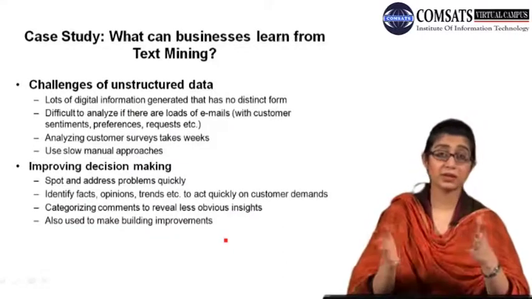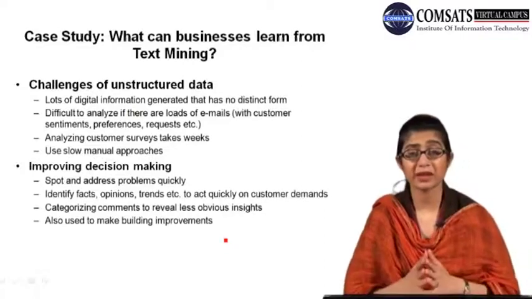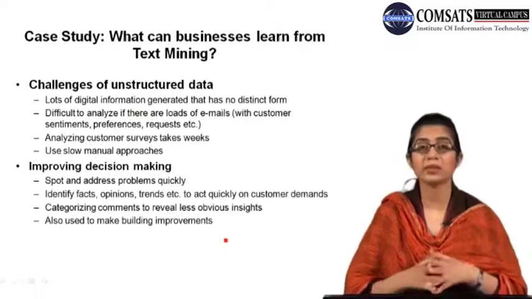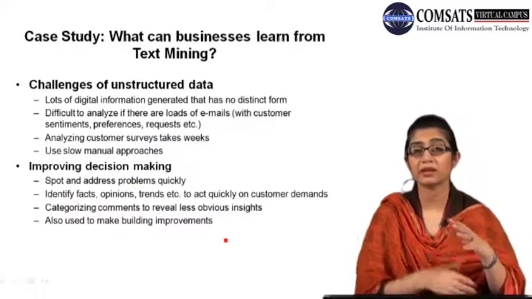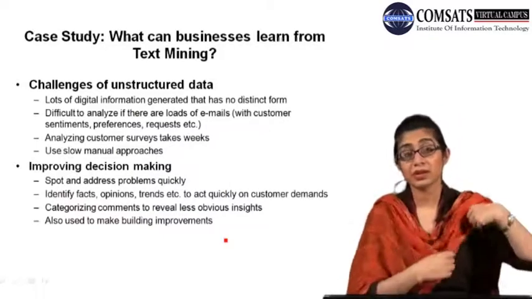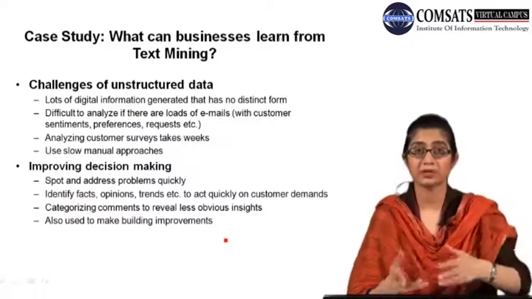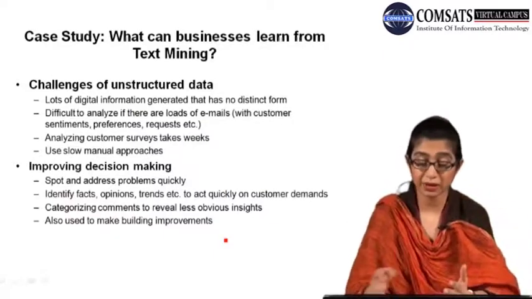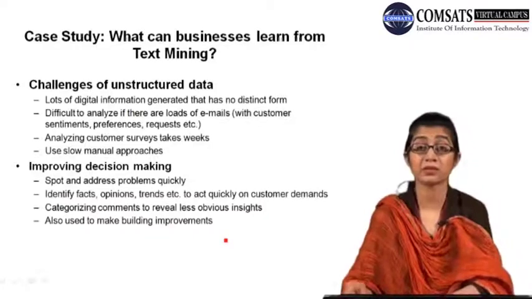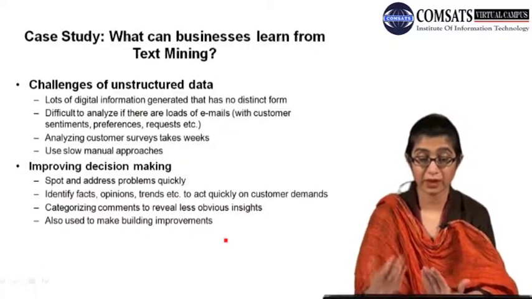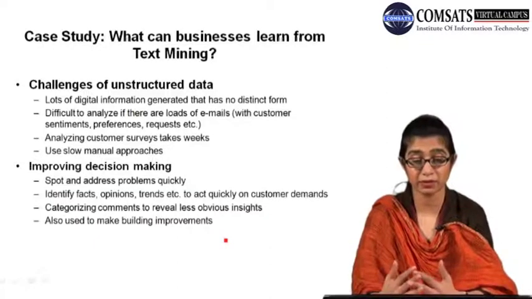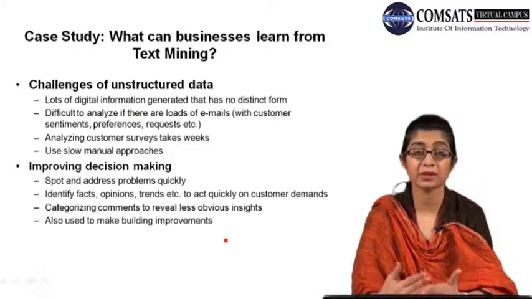Now because it is unstructured data, like the airline company that received emails, that was a large volume of data that had no distinct form. The data was lying in an irregular, unstructured form, and the company was in a fix about how to analyze it. Again, it's difficult to analyze if there are loads of emails with customer sentiments, preferences and requests.